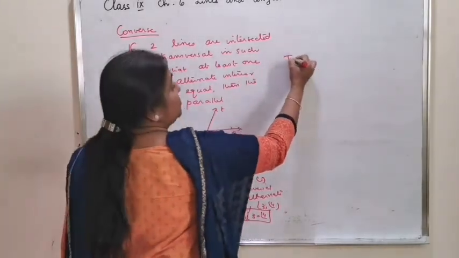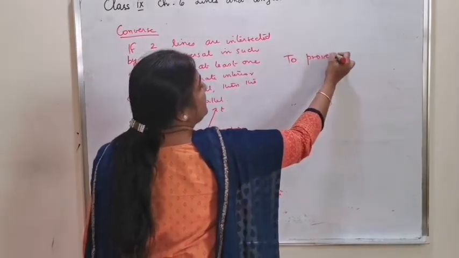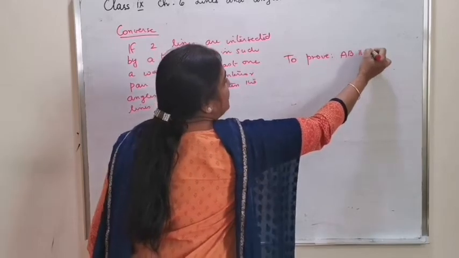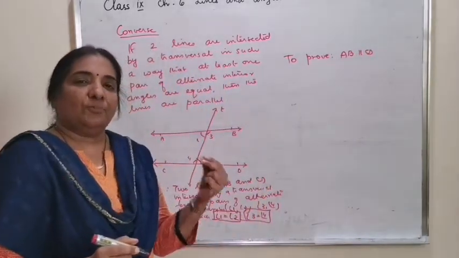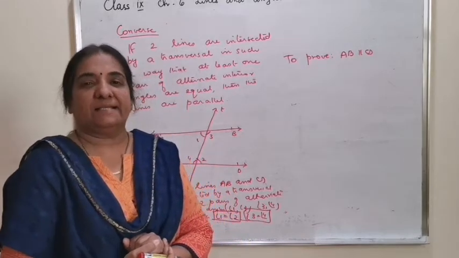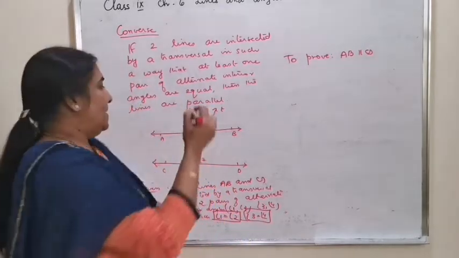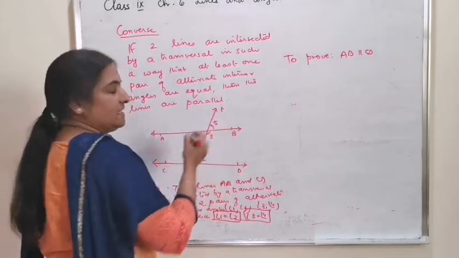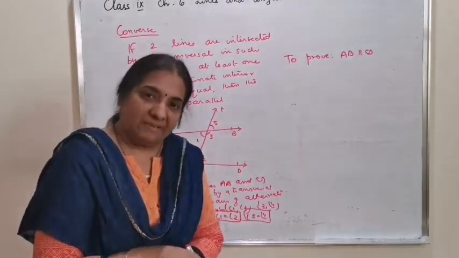What is to prove is AB is parallel to CD. For proving the converse, we will be using the converse of the corresponding angles axiom. The vertically opposite angles property is a proof we have done previously.